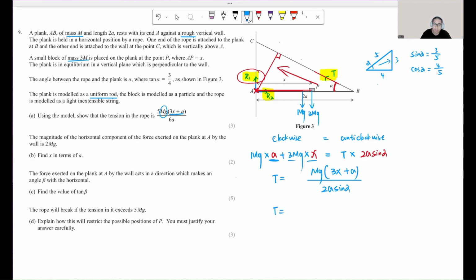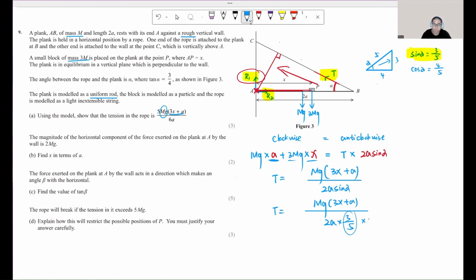And we can change sine alpha into 3/5, which we already worked out on top. Sine alpha is 3/5, so we have 2a times 3/5. And then we can just times by 5 for both top and bottom because we have a fraction inside the big fraction.